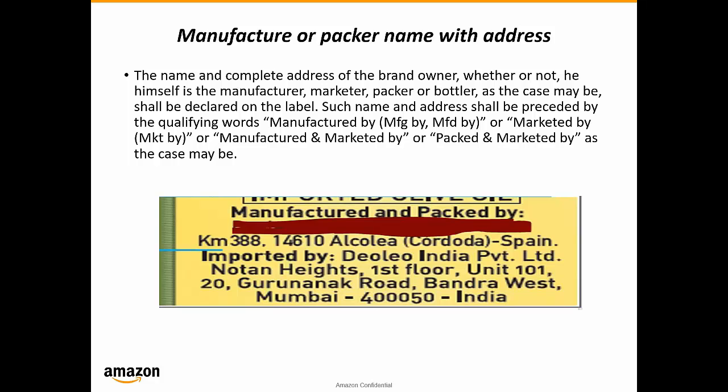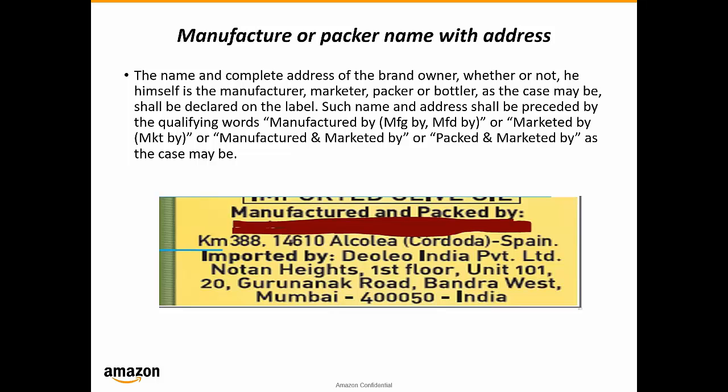So next we'll talk about the manufacturer or packer name with the address. This is also one of the mandatory requirements to mention on the label. Now why is this required? For example, a brand may get its product packed from XYZ or maybe three different vendors. If there is a problem with one product and the manufacturer's address is not right, then the brand may not be able to know where the product was manufactured and won't be able to trace back.